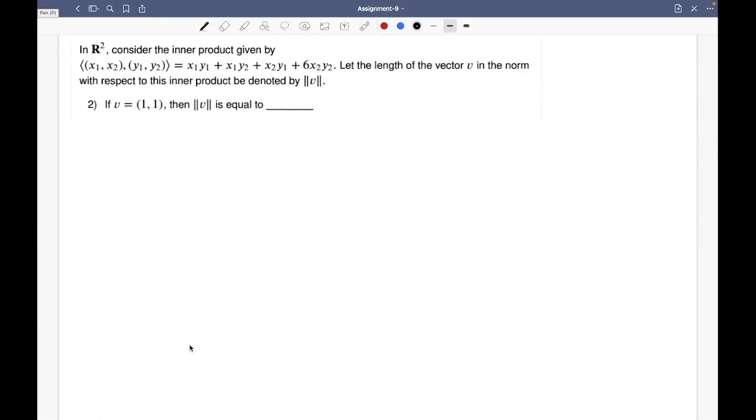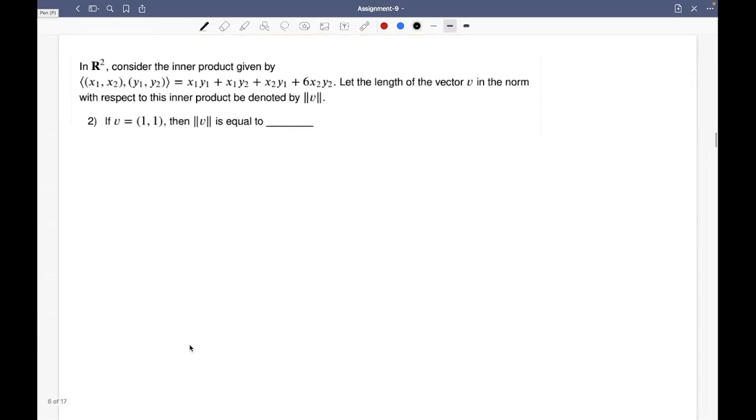Okay. So what is question number 2? In R2, an inner product is given. The length of the vector v, the norm with respect to this inner product, is denoted by norm of v. Let me explain.